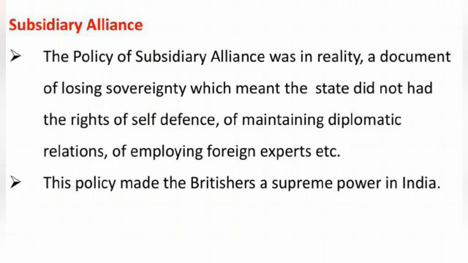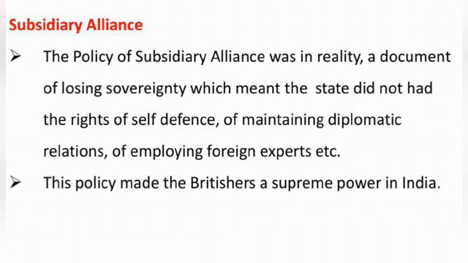Subsidiary alliance. So this policy was actually a very big problem for Indians. It created a lot of problems for the Indians because it completely took away the freedom of the Indian kings. Whereas for Britishers, this policy was a great success because it helped in expansion of the company rule.